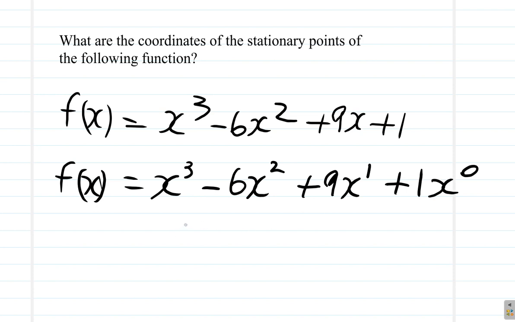Now, when you differentiate x to a power, you're looking at x raised to the power of n. Then the derivative would be multiplied by the power n, x raised to the power of, and reduce the old power by 1 to get the new power, minus 1 from it.